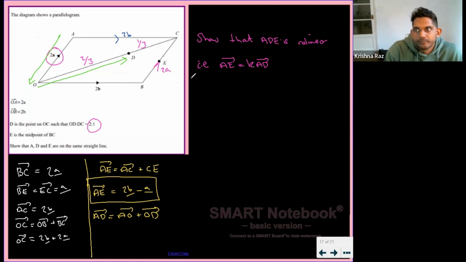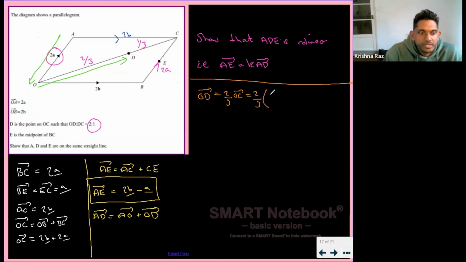I'm going to write up here. So we have OD equals 2/3 of OC, which equals 2/3 of 2B plus 2A. Which is 4/3 A plus B. Or B plus A, it's all the same thing. And that is OD.